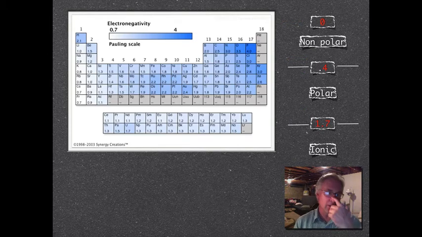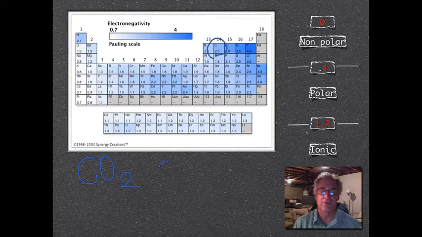So let's take a look at a couple of them. Let's first take a look at CO2 that we've already mentioned. If you go up here to carbon, that has an electronegativity of 2.5.